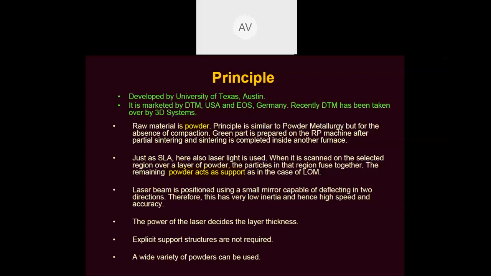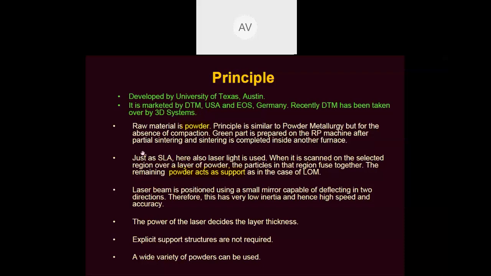Earlier in FDM, we have seen the raw material was in wire form. Here the raw material is in powder form. The principle is similar to powder metallurgy, but for the absence of compaction. So the green part is prepared on RP machines after partial sintering, and sintering is completed inside another furnace.